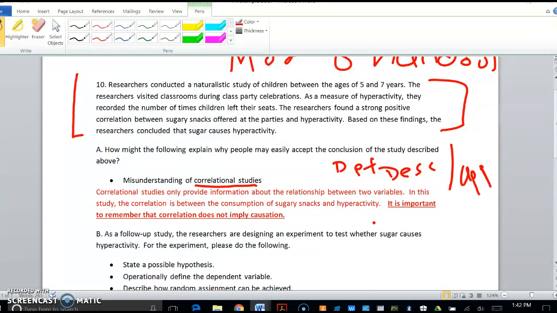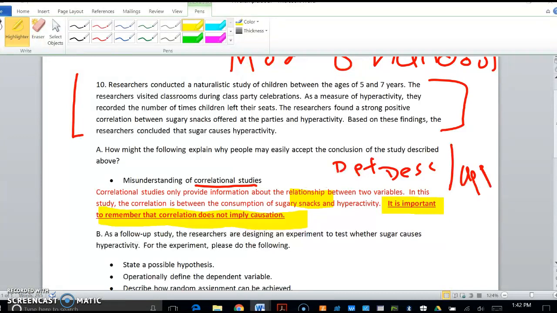The part I underlined is really, really important. Right here. What they're looking for is the idea that correlation does not equal causation. Okay? You can also argue that I applied a definition up there as well.